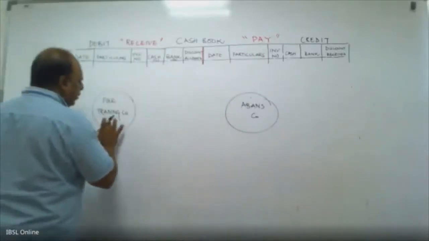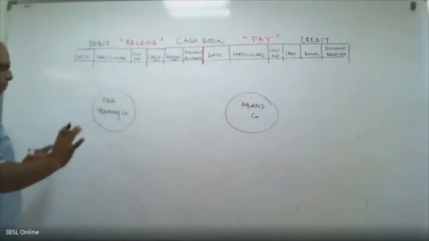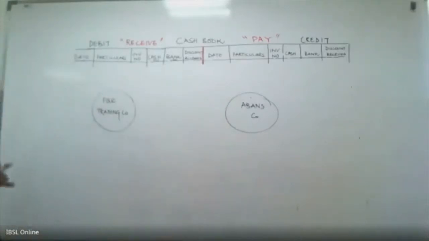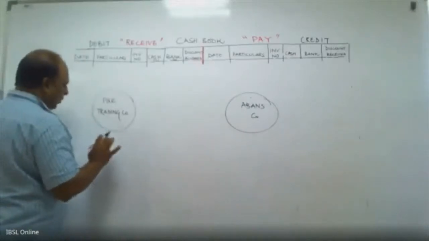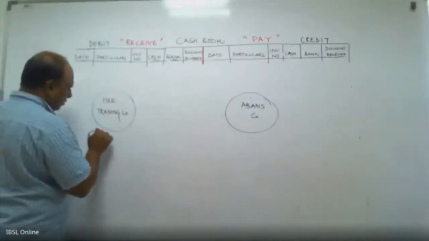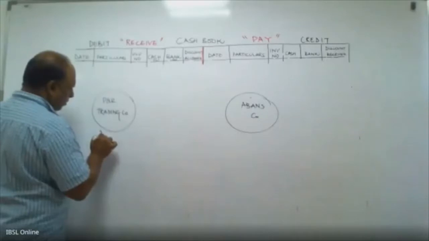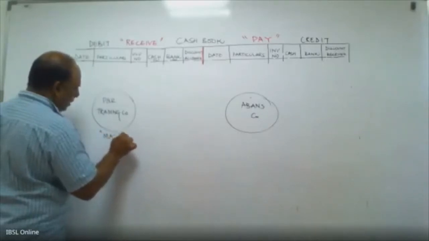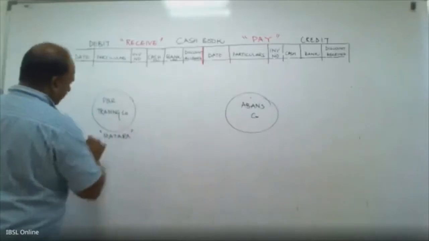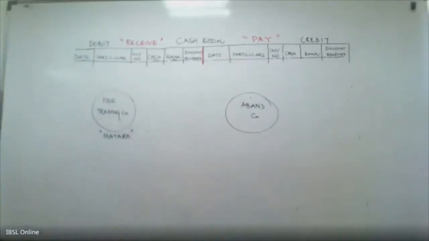And this PQR trading company is a company which sells home appliances, located in Mathura. I'm just taking a location, just for example. Now, what does this person do?